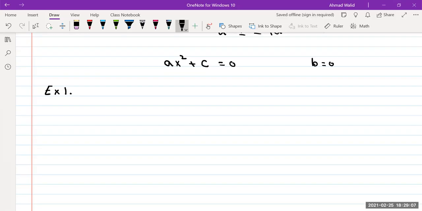Example number 1. For example, they're asking you to solve 3x squared minus 15 equals 0 using the second method, which is the square root property. Steps, how you should deal. Step 1.